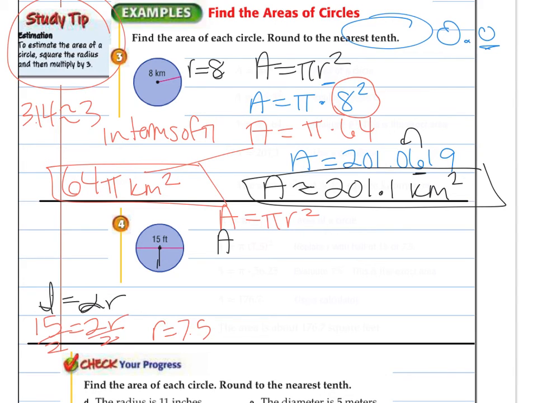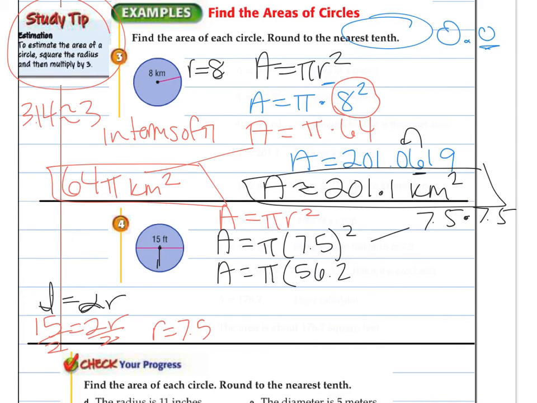So I can plug that in. Area is pi times my radius that I found, squared. So then I do 7.5 squared. 7.5 times 7.5, not 7.5 times 2. So then I get pi times 56 and 25 hundredths. Again, in terms of pi, I'd leave it, but I'm going to work it out. Multiply that times pi.